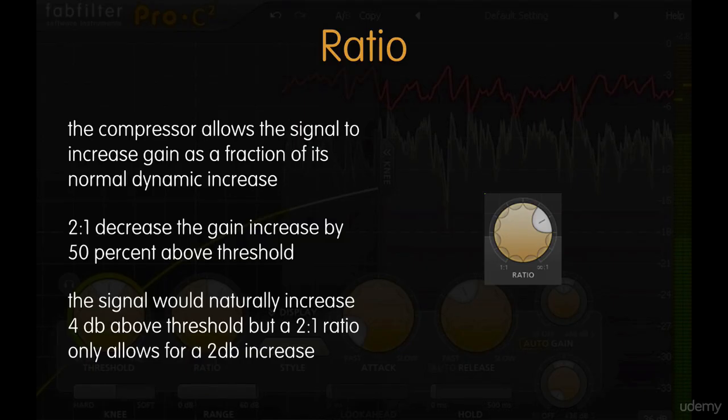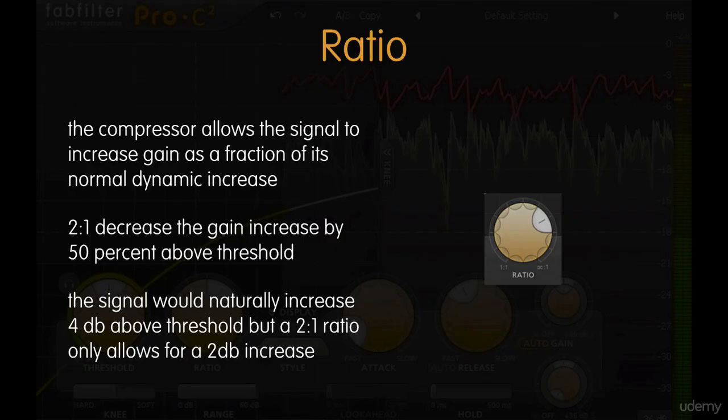So now within the world of ratios, it's good to think of them as light, medium, and high ratios. Gentle ratios are 1.5 to 1 or 3 to 2. That's very often seen in mastering compressors and in bus compression on fancier things.